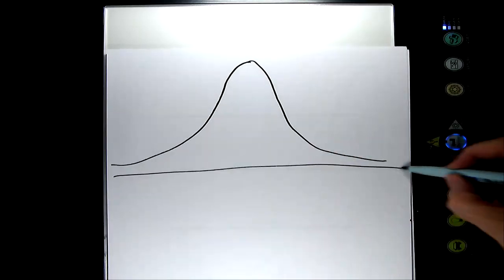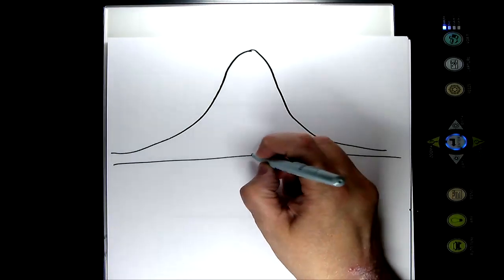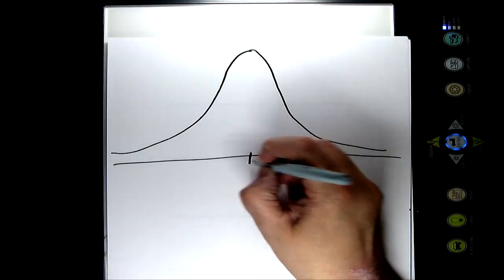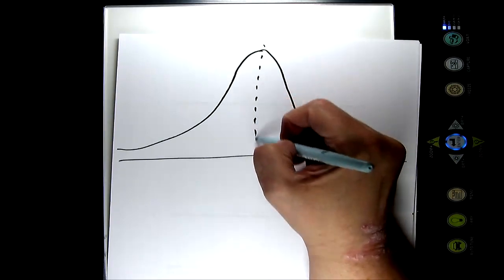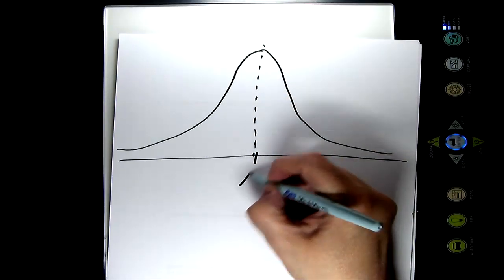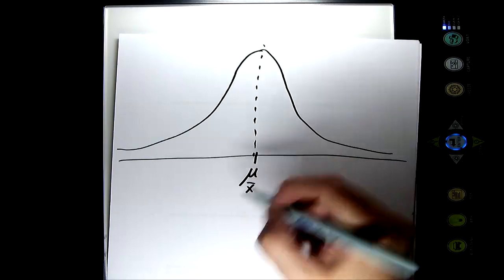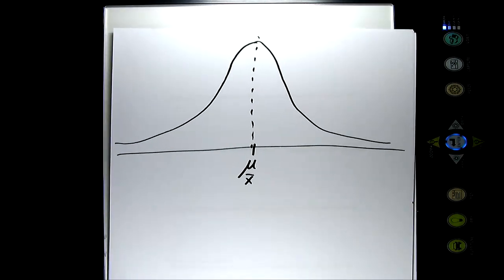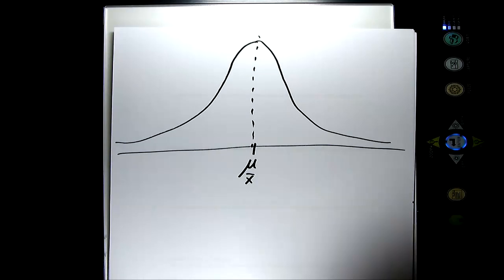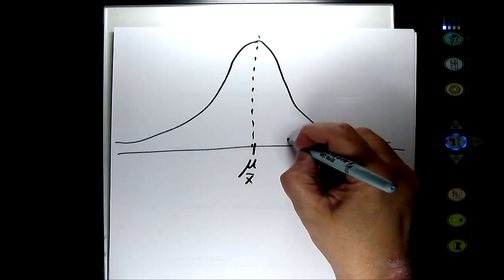Not bad. What we have in the middle for a bell curve is the mean, or X bar, if we're doing samples. If we go out 1 standard deviation, it's right about there.